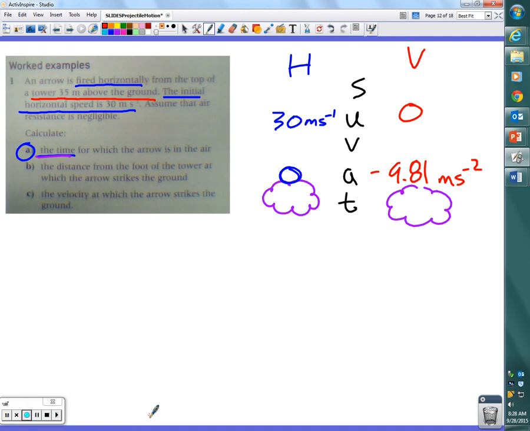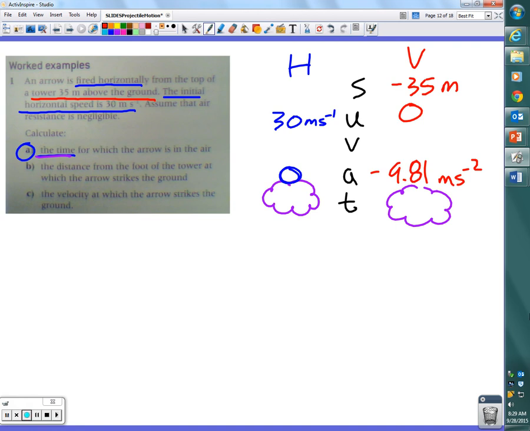Displacement. Which displacement? Vertical displacement. What's our vertical displacement going to be? Our vertical displacement is going to be negative 35 meters, right? Because it starts up at the top and ends up at 0. Okay? Good there?